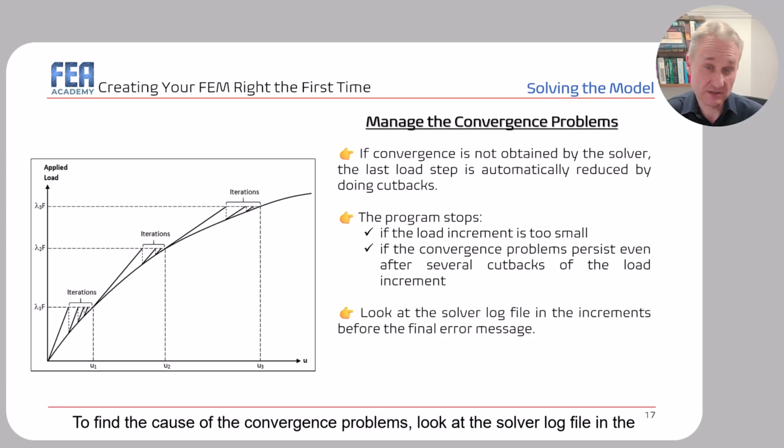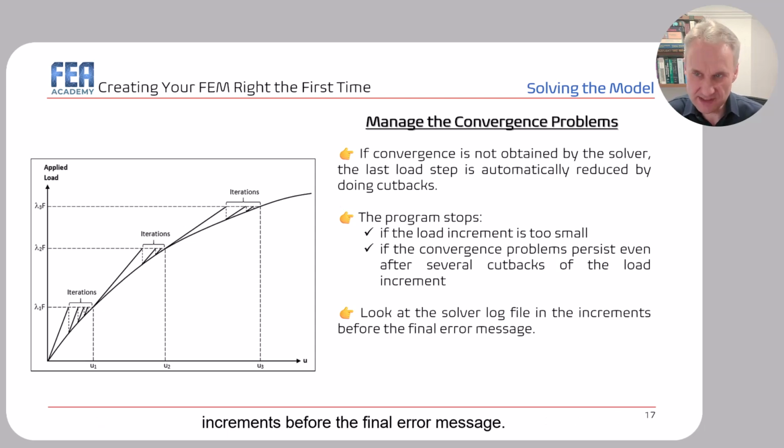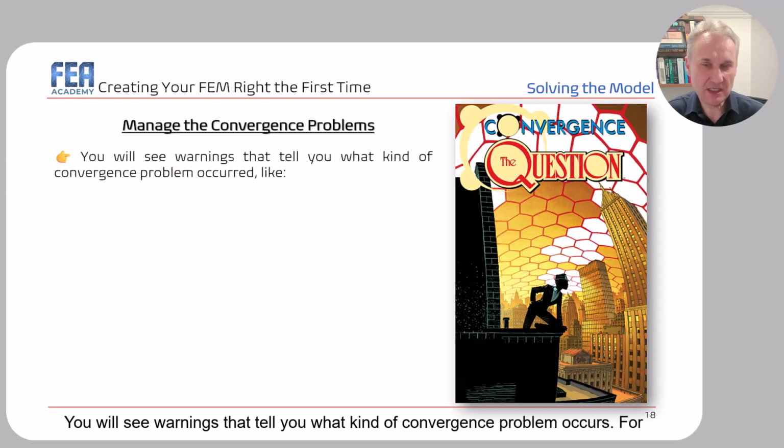To find the cause of the convergence problems, look at the solver log file in the increments before the final error message. You will see warnings that tell you what kind of convergence problem occurred.